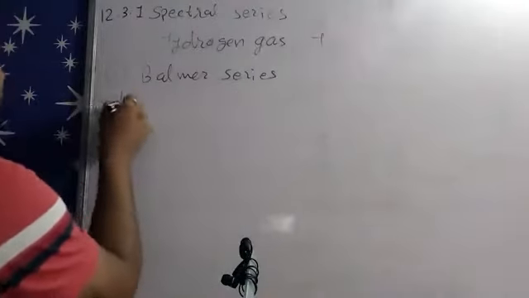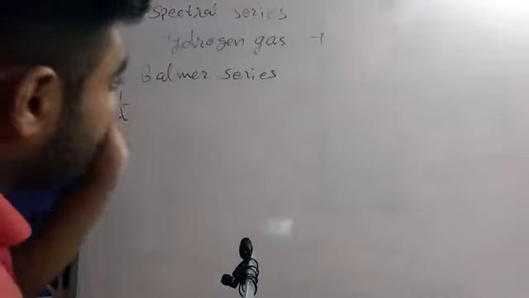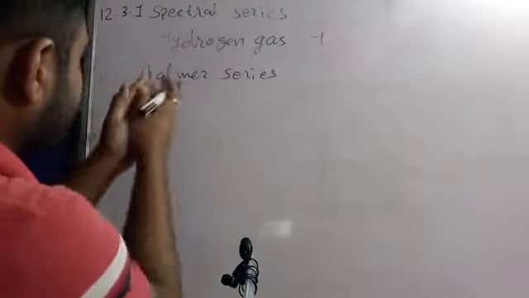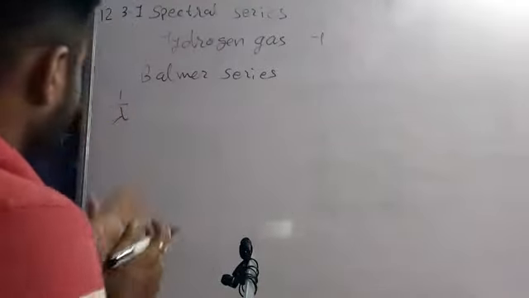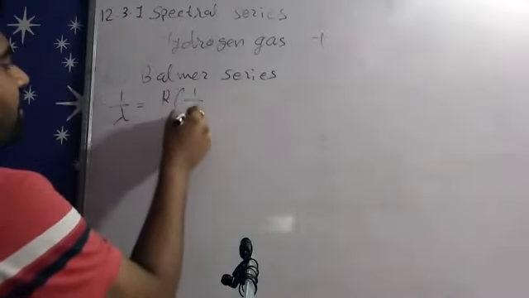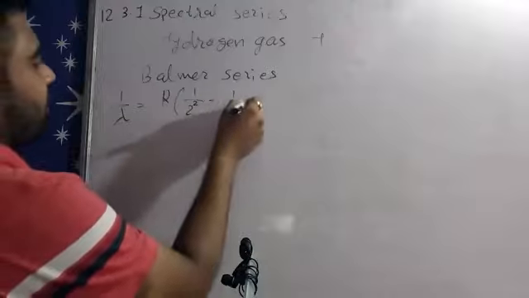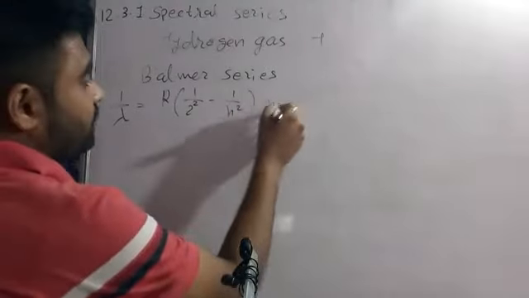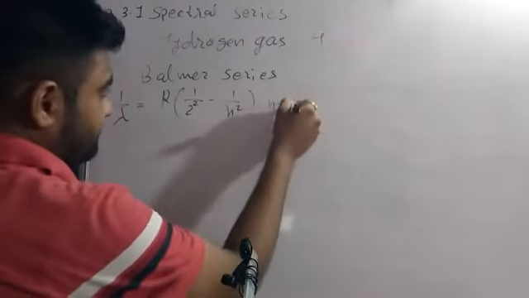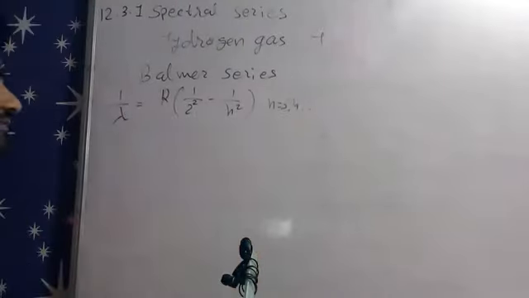In this Balmer series, the formula to find the wavelength of those particular lines starts from 1 upon lambda equals R into 1 upon 2 square minus 1 upon n square, where n is always greater than 2, so it starts from 3, 4 and goes up to infinity.